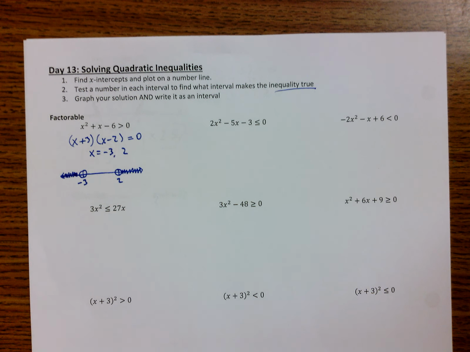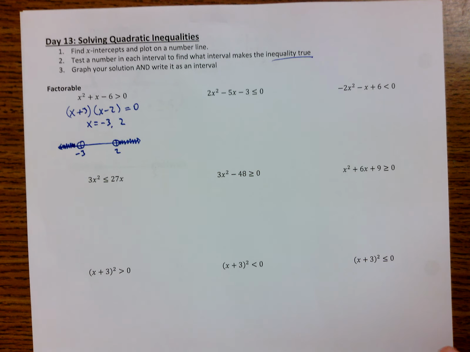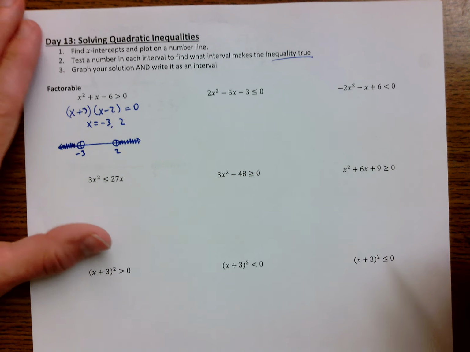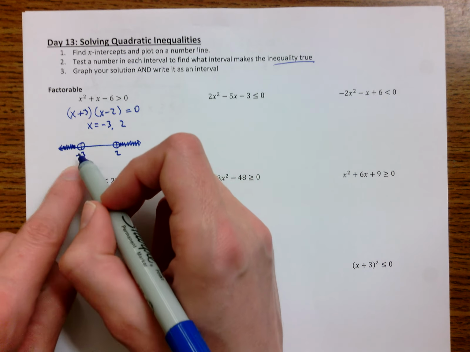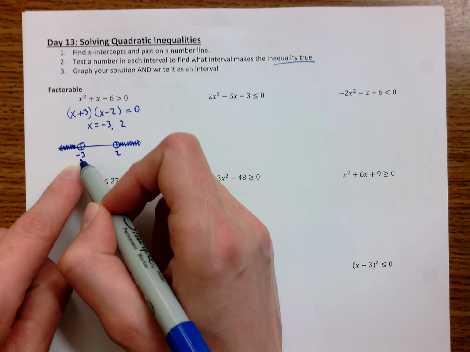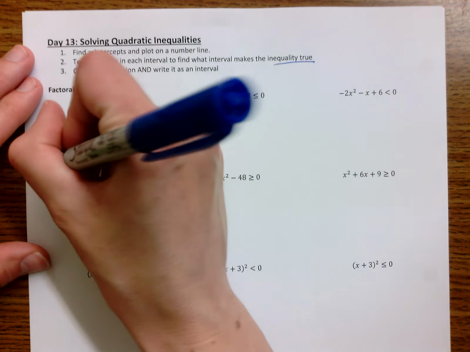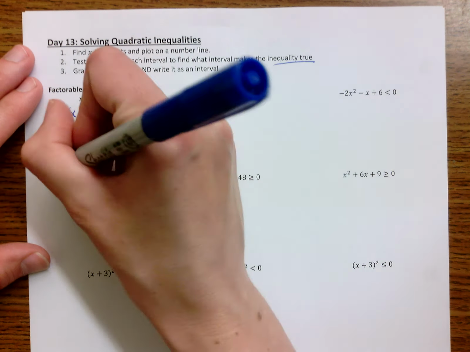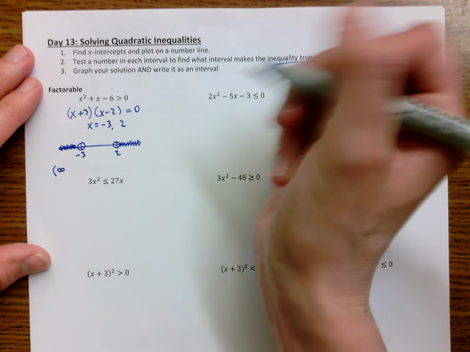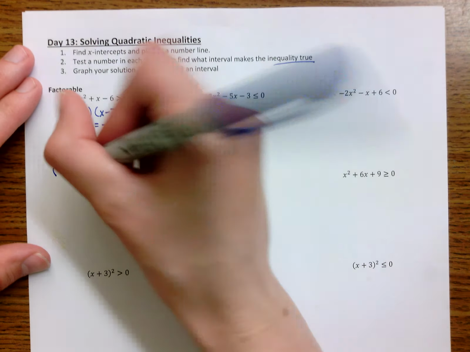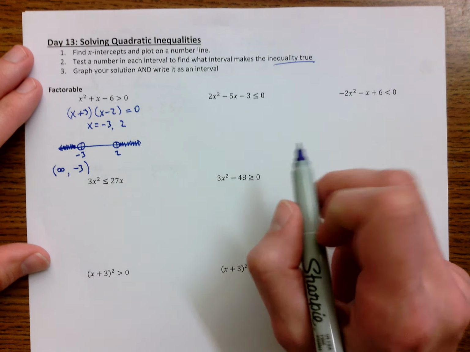And then the last thing that we're going to do is write this as an interval. So we're writing this in interval notation, which you probably haven't seen before. Okay, but here's how this is going to work. I'm going to express this, instead of saying x is less than -3, using interval notation. All right, so we're going to start with a parenthesis and then a negative infinity symbol and then a comma, then -3, and another parenthesis in this case.